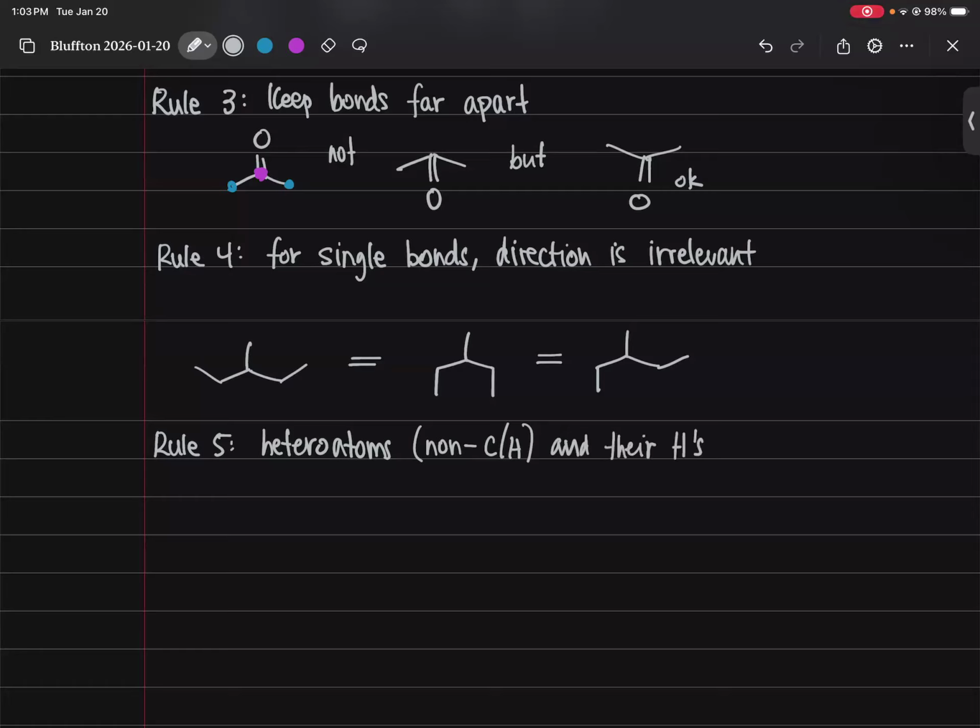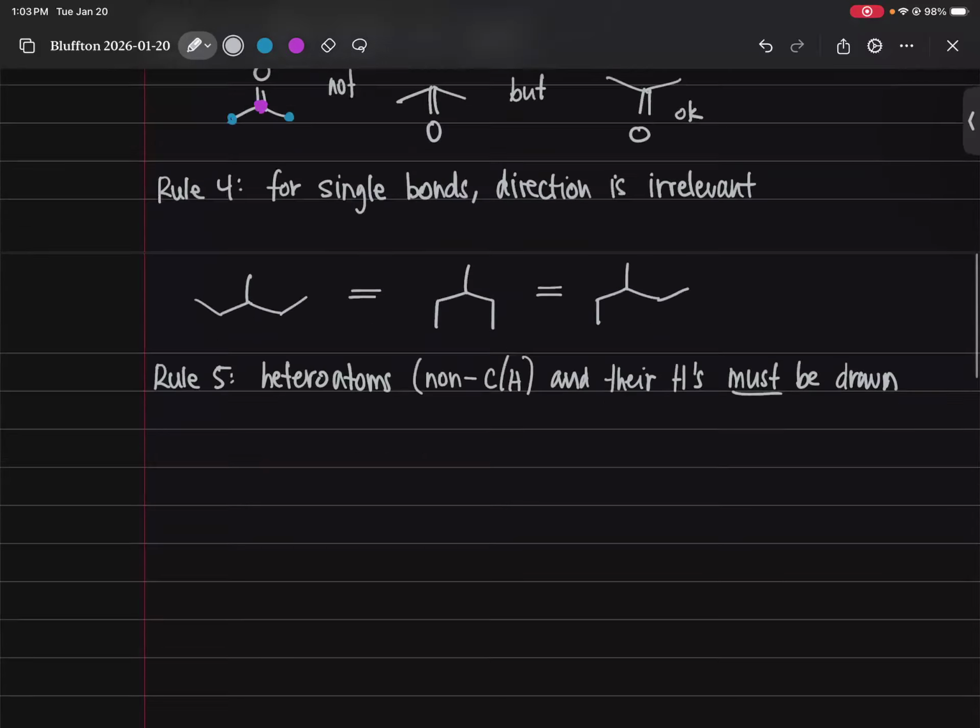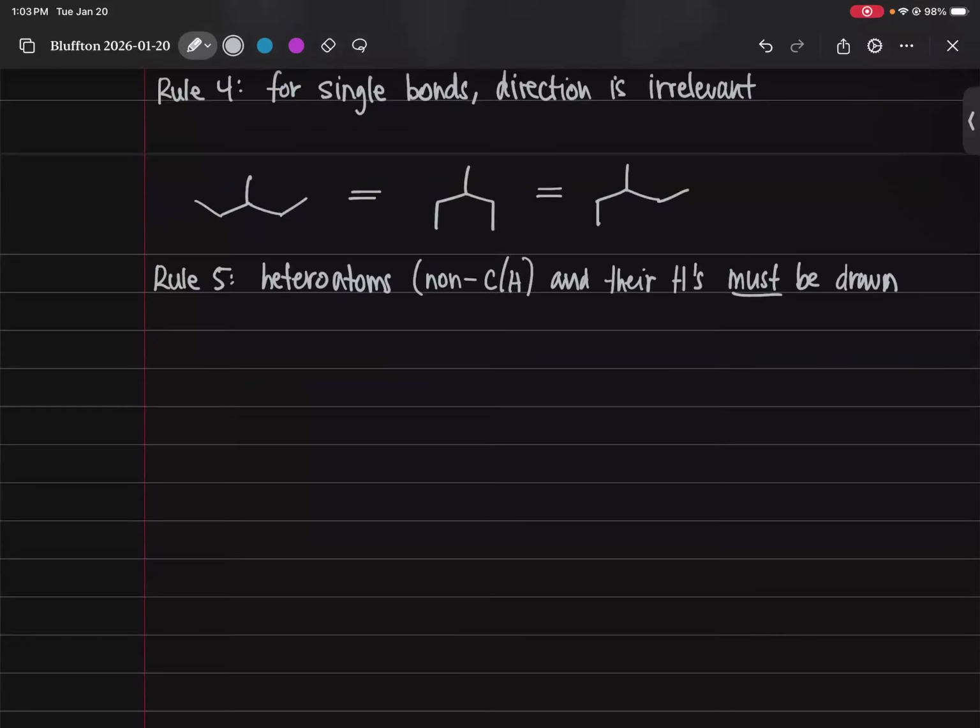And any hydrogens that they have, which could be 0, but sometimes they do have hydrogens, must be drawn explicitly. Always and forever, you have to draw them out.